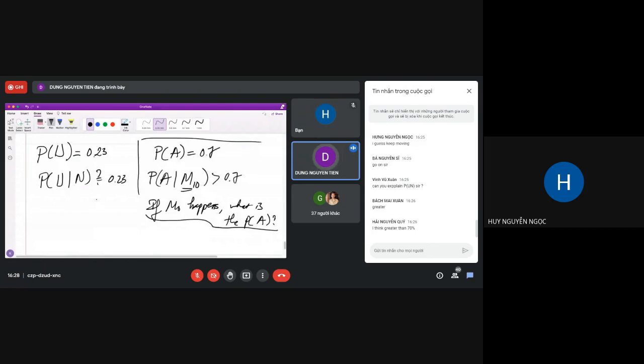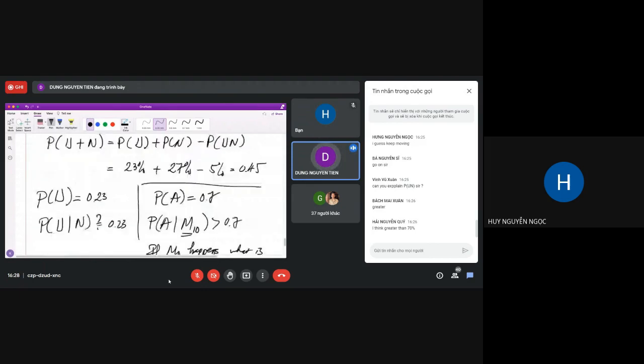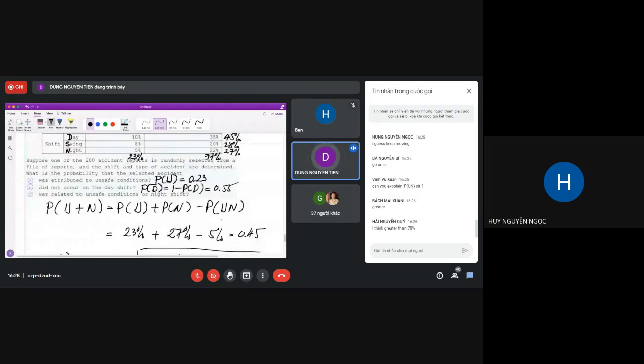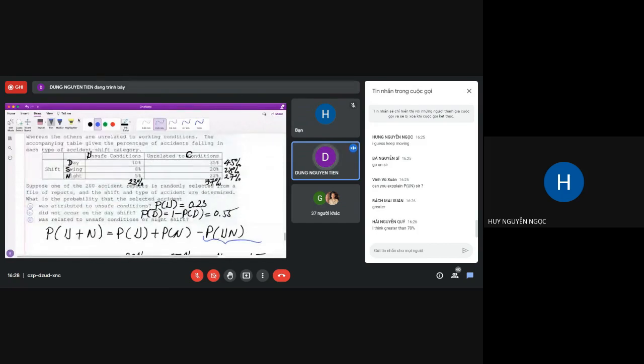Back to this problem. One student asked me about this. He wants to ask about the value of the jump probability UN. You see that this is U, right?